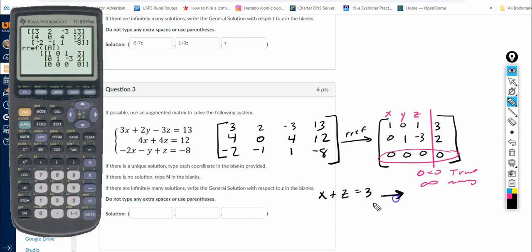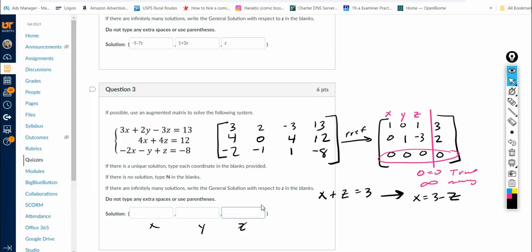And so that tells me that if I subtract z from both sides, x is equal to 3 minus z. So instead of x, y, z, I'm going to keep the z, and instead of x, I'm going to have 3 minus z. So I have to write this all just with one letter z, and that's all I'm using.